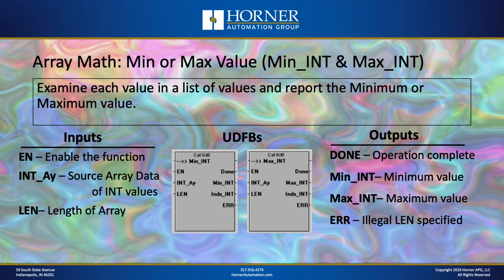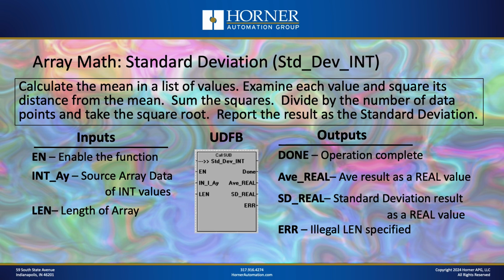So they'll go through the entire list, they'll find the minimum value, and of course the max function will find the maximum value. Those can be very useful for a lot of different applications. And then finally, we have standard deviation. So it will go through that entire list and do the standard deviation calculation and present that data back to you. So again, another highly useful statistical function that operates on an array of data values.